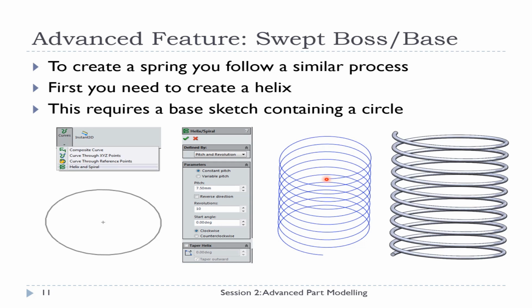Or you can define the pitch and height, then the software will estimate the number of revolutions. You can also define the start angle or the helix direction, if it's clockwise or counterclockwise.